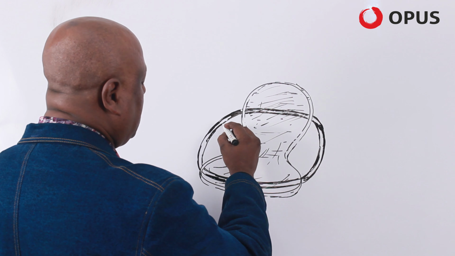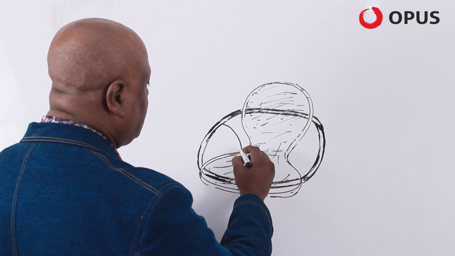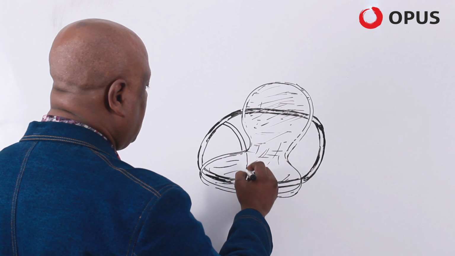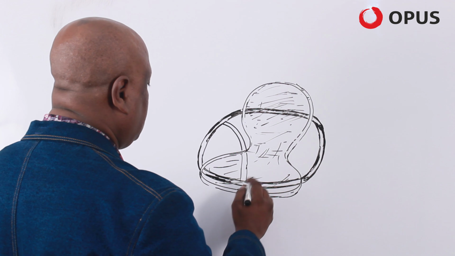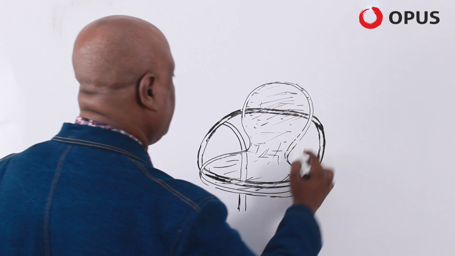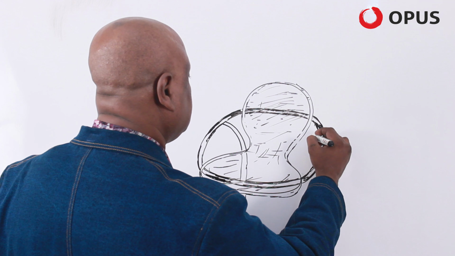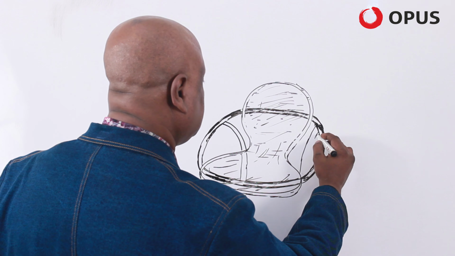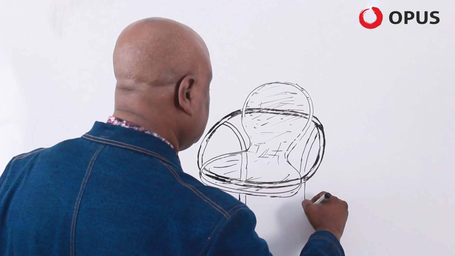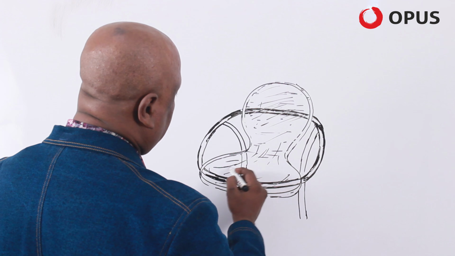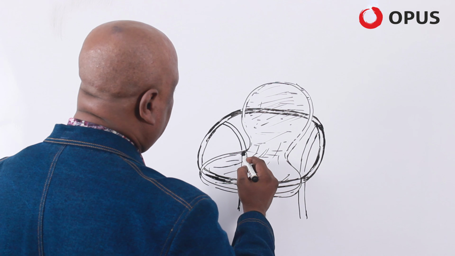Maybe from here I'll put two legs down, going at the back. I'm doing all these things just to suggest the transparency of the material. Here you can again see the transparency occurring.